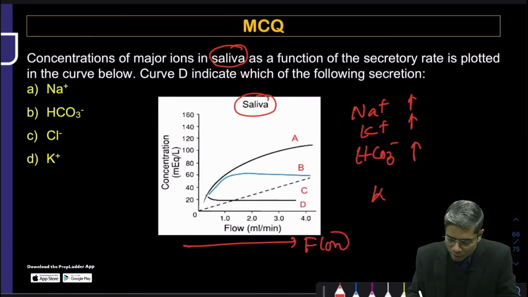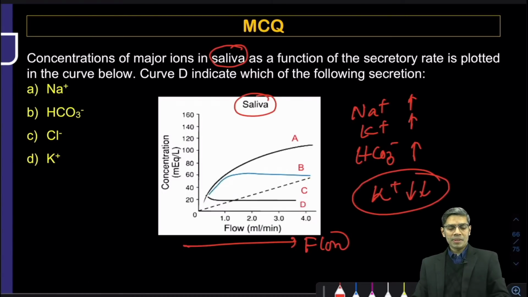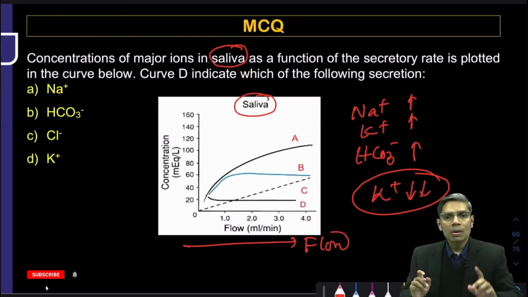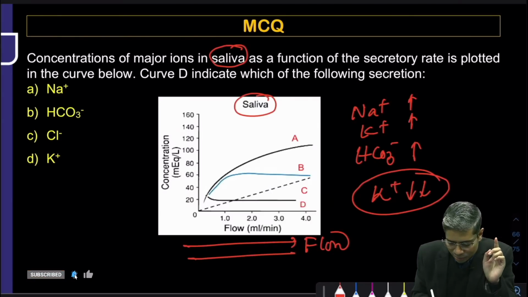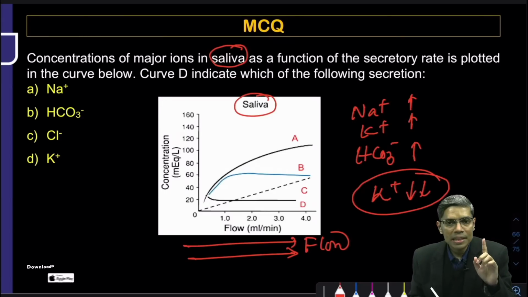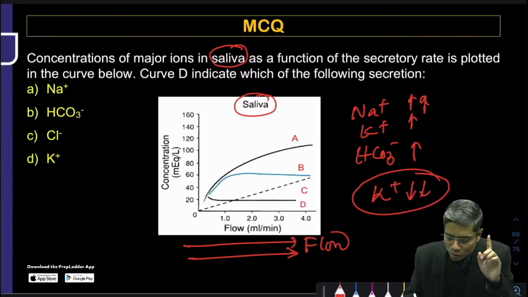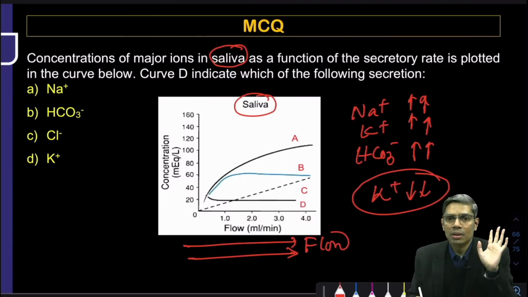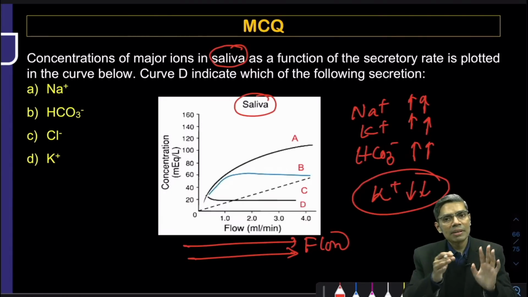There will be only and only decrease in potassium ion. This is the only thing you have to remember. Again I am repeating: whenever there is increase in flow rate of saliva, there will be increase in sodium, chloride and bicarbonate concentration in the salivary secretion, but there will be decrease in potassium concentration. The opposite will happen when the salivary flow is low.